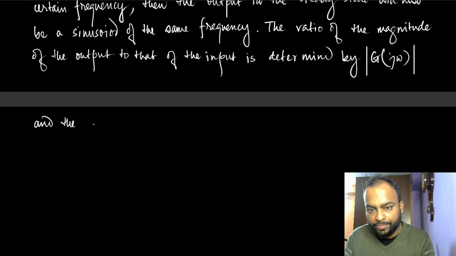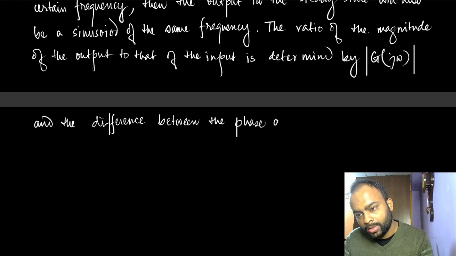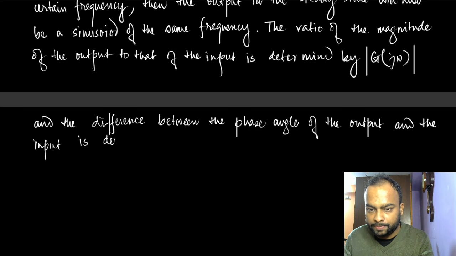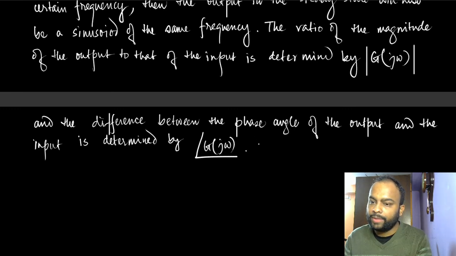and the difference between the phase angle of the output and the input, so the phase angle of output minus phase angle of input, is exactly equal to the angle of G(jω).